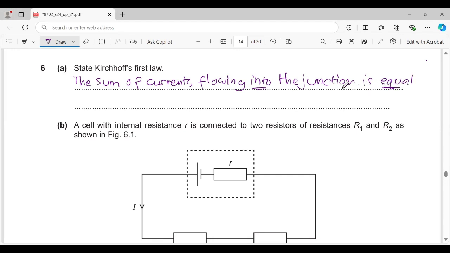These are the keywords. So into equals out of the junction.